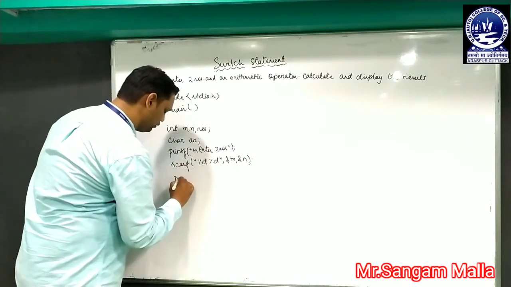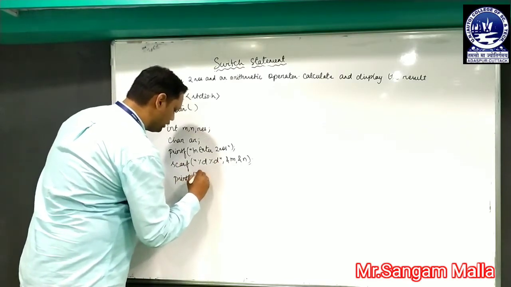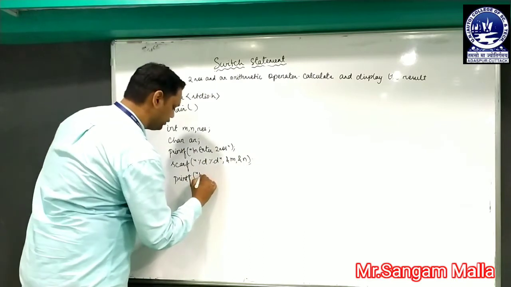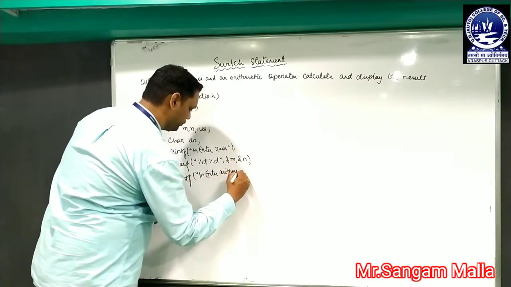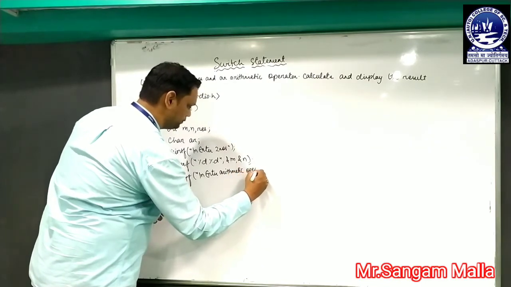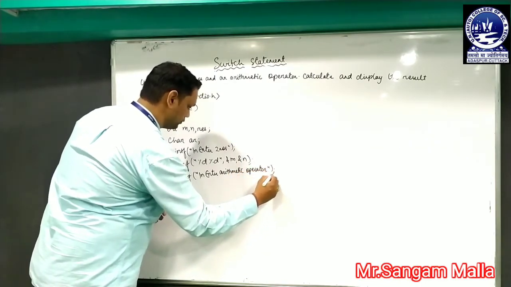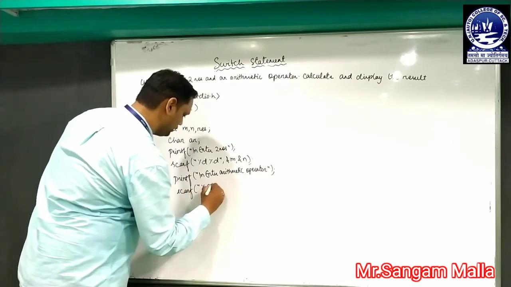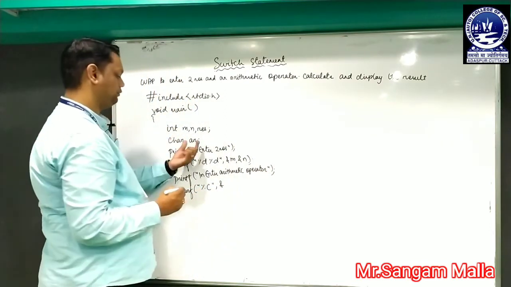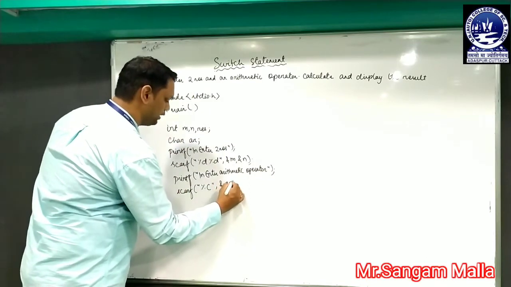Now we have to take the arithmetic operator. So let us say enter arithmetic operator. Now scanf("%c", &AR).